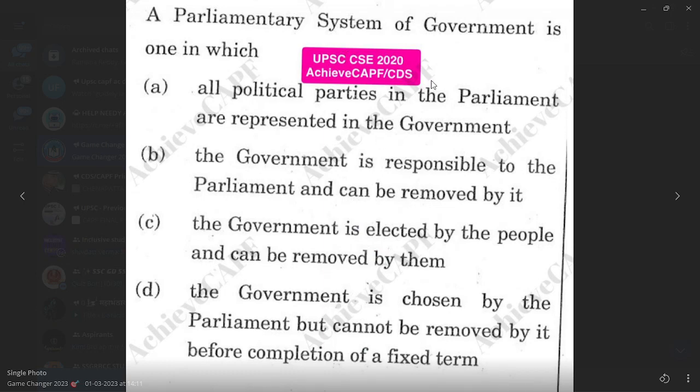The parliamentary system of government is one in which all the parties in a parliament are represented in a government. The government is responsible to the parliament and can be removed by it. The government is elected by the people and can be removed by them. The government is chosen by the parliament but cannot be removed by it before completion of a term.